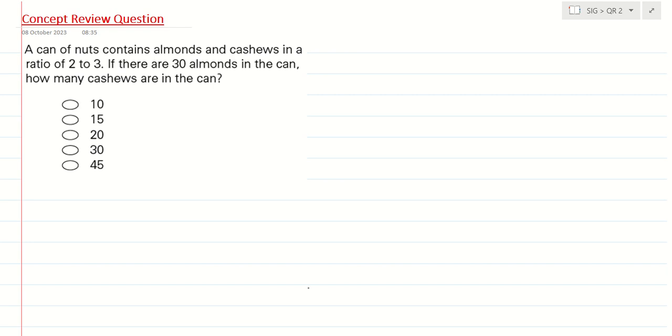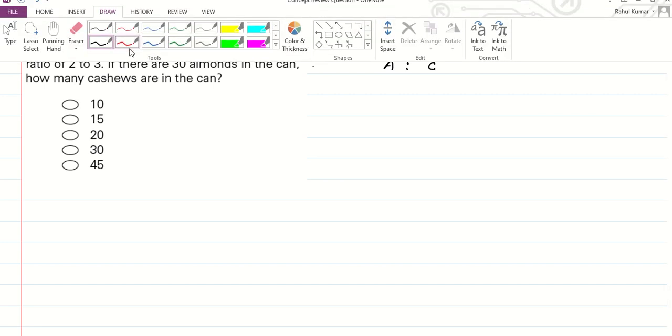If there are 30 almonds in the can, how many cashews are in the can? Very, very simple. The ratio of almonds to cashews is given.